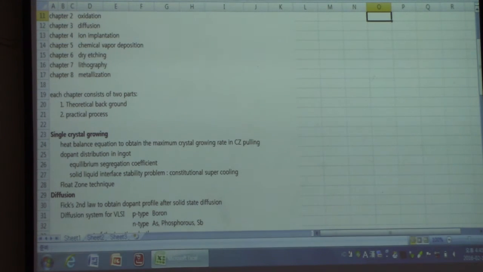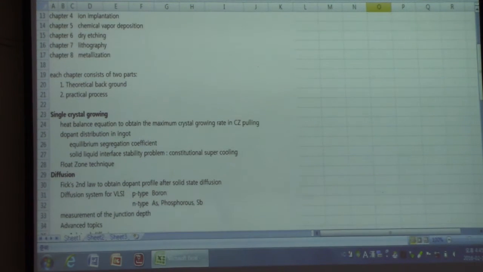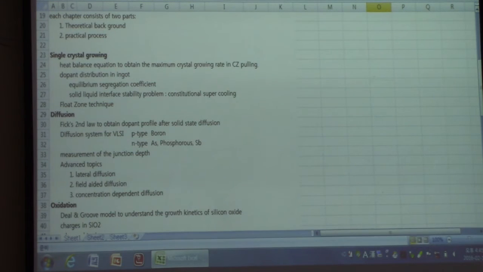For example, in the single crystal growing chapter, I'm going to introduce the heat balance equation to obtain the maximum crystal growing rate in the Czochralski growing. And then we're going to discuss the dopant distribution, and I'm going to introduce another crystal growing technique which is called the float zone technique.